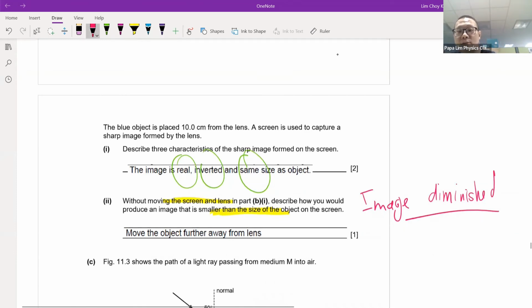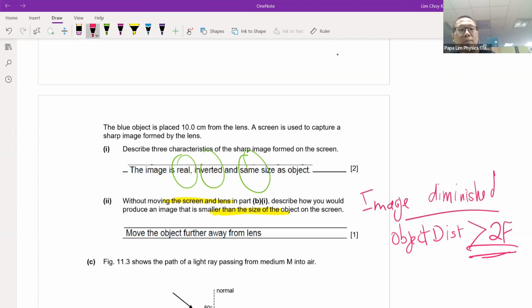The object distance must be more than 2f. I am now at 2f, so for me to be more than 2f, I must move the object further away from the lens. That's how I get the answer.